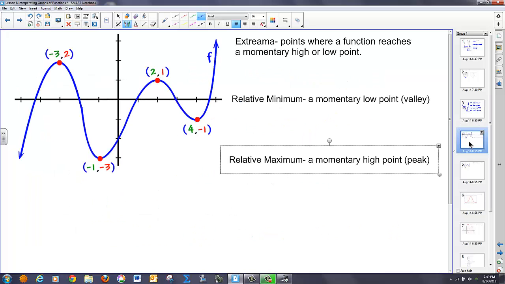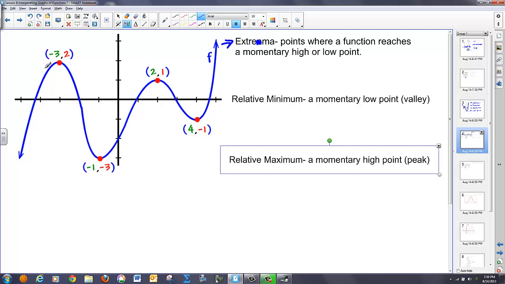Alright, the next term we're going to talk about are extrema. I spelled that wrong. It should be E-M-A. So extrema are points where the function reaches a momentary high or low. You'll see this graph goes up forever and down forever, but there are these peaks and valleys within the graph itself.